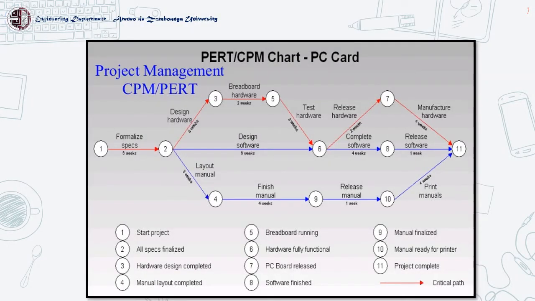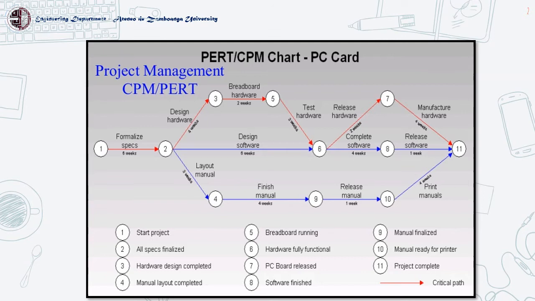So this is an example of a PERT CPM chart. The circles here are the milestones or the checkpoints for your activity. So the activity here is the development of a PC card. Number 1 is the start of the project, and number 11 is the project completion.